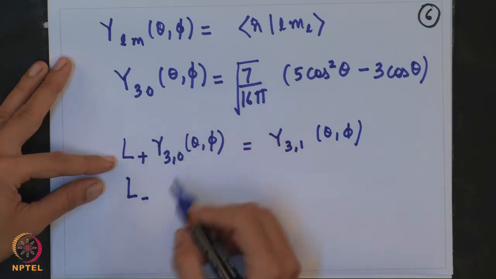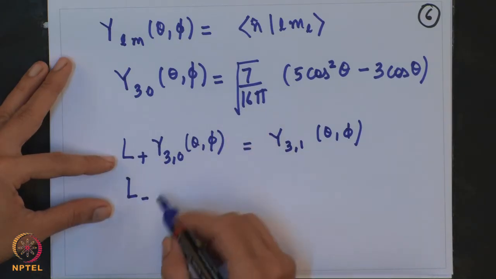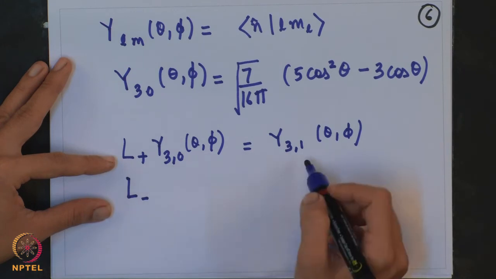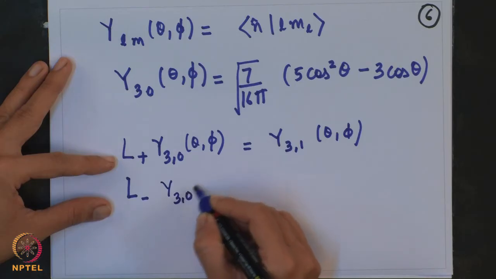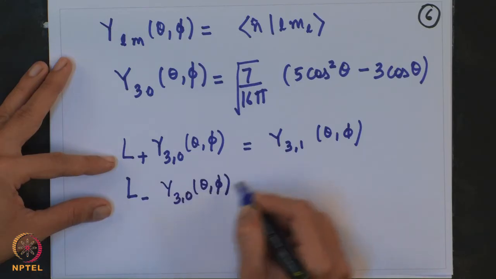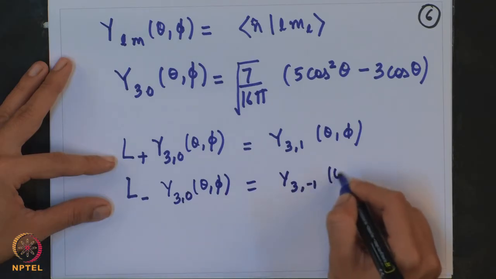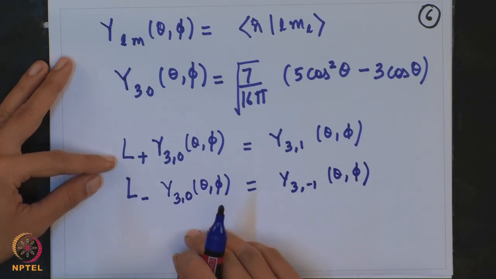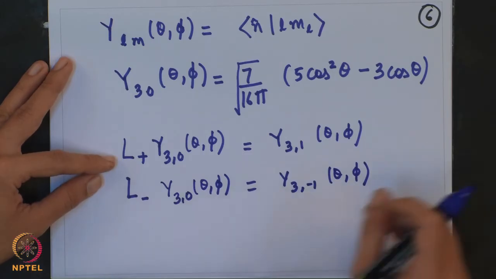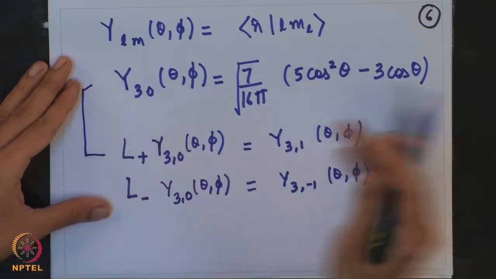When the quantum number changes from 1 to minus 1, or 0 to 1, or 0 to minus 1, you will use the ladder operator. Using this, you have to obtain the result. So we use these two.